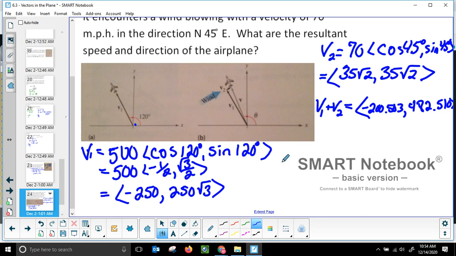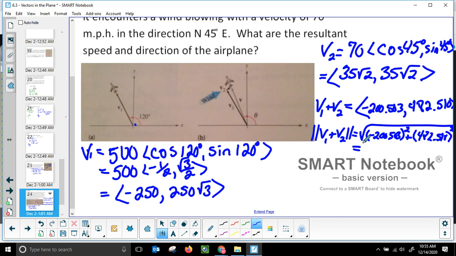So there's our vector, but it wants it in the resultant speed and direction. Speed is going to be my magnitude. To find my magnitude, I do the square root of negative 200.503 squared plus 482.510 squared.